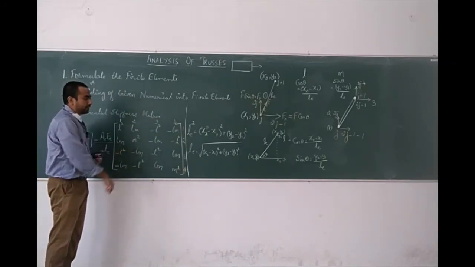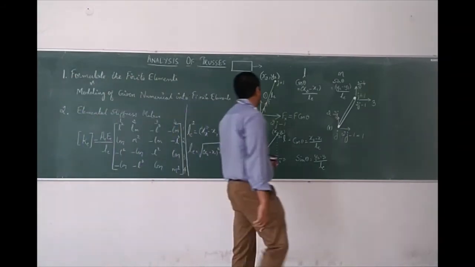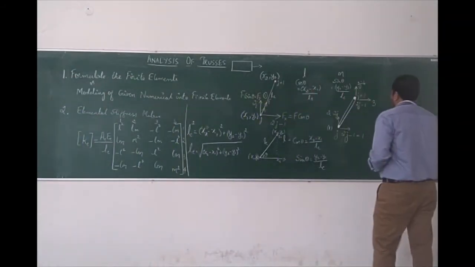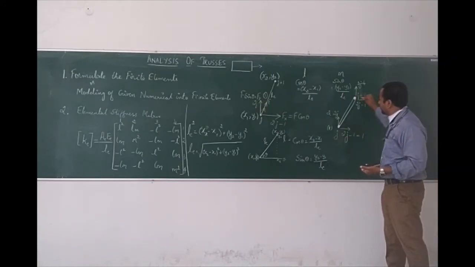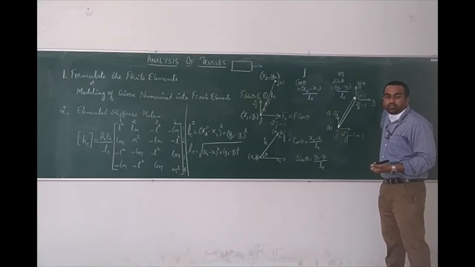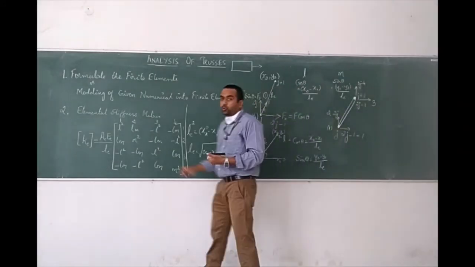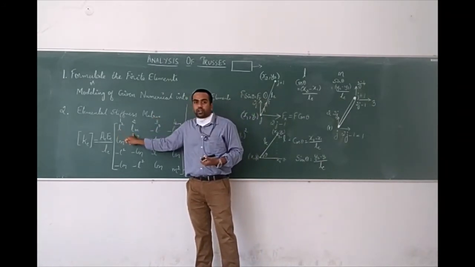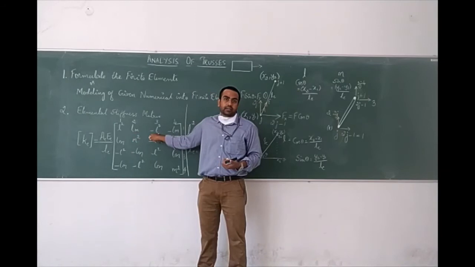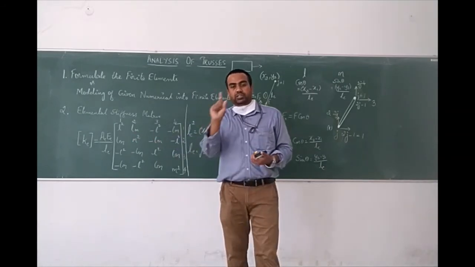When will this be used? Suppose there is a second element, one more element. Then for node 2 the degrees of freedom numbering is 3 and 4. So here it becomes 3, 4. For 3, if you substitute in 2J minus 1, 2 into 3 is 6, 6 minus 1 is 5.